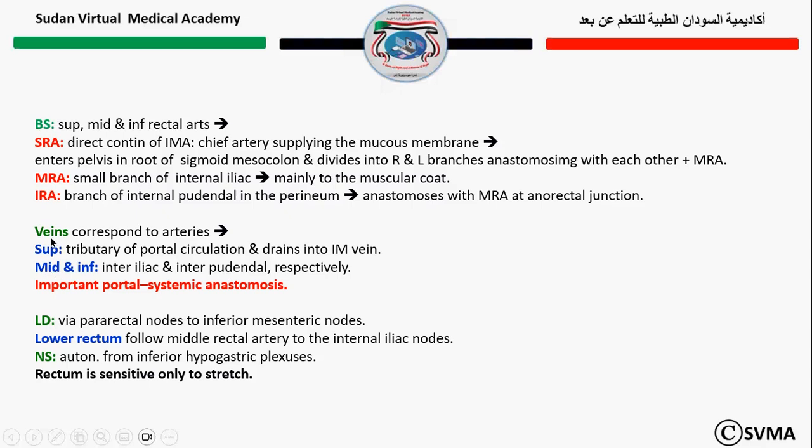So the rectal veins form one of the important portosystemic anastomosis areas in the body.